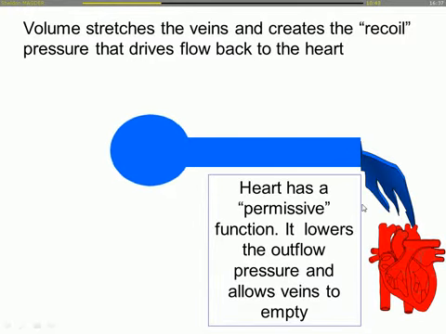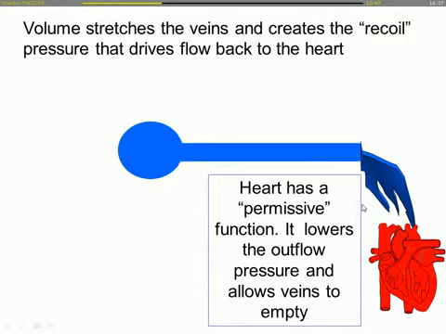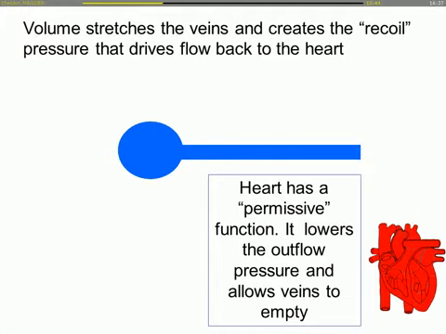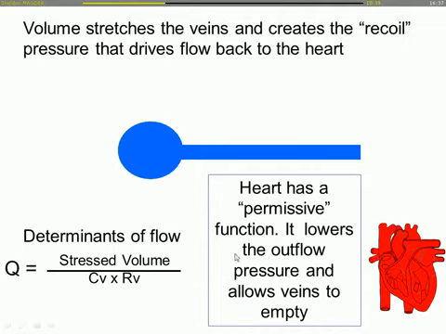So you fill the vasculature, which is an elastic balloon. It's got a recoil pressure, and what you have done with the heart, you've lowered the pressure and you allow it to empty. And the determinants of flow in that simple system is how much I filled it above this resting volume, the stress volume, how stretchy it is, the compliance, and the downstream resistance.